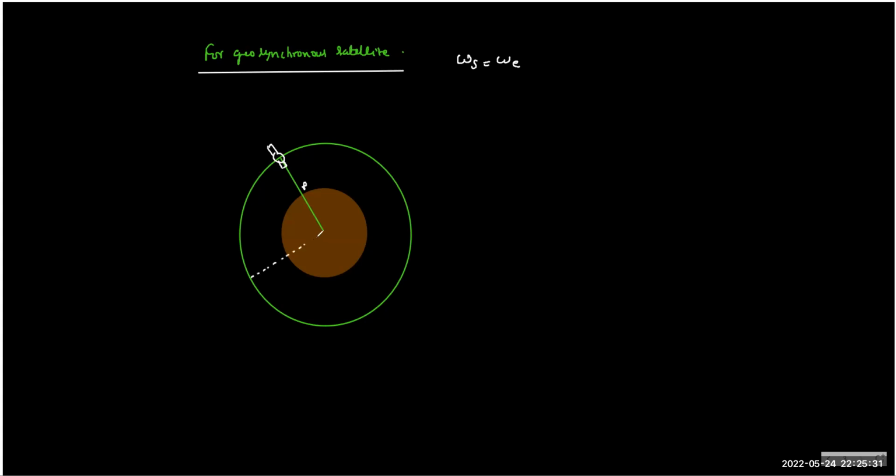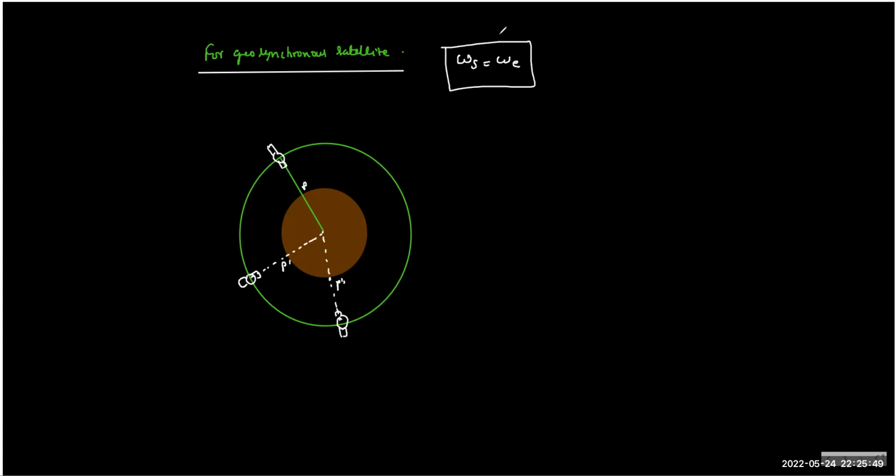So when point P is here, the satellite must be here. That means the angular speed of rotation of the Earth should be the same as that of the satellite. So this is the condition. That's simple enough.